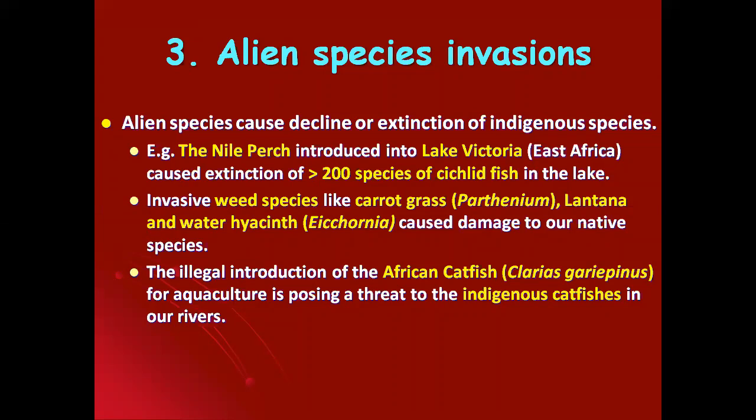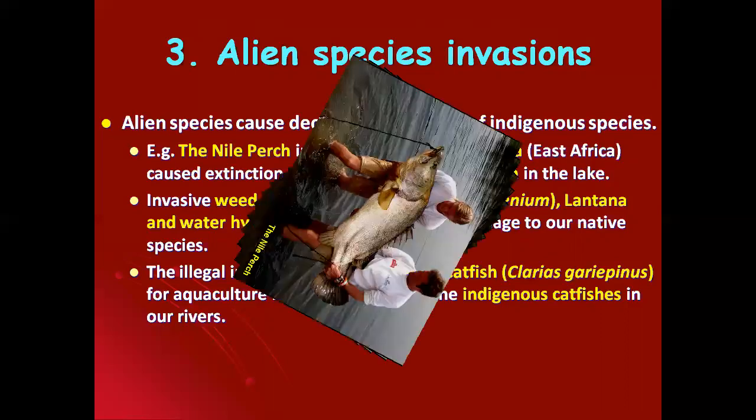Lantana bushes, water hyacinth, Eichhornia, is also one of the best occupied in the canals of projects. You will find Eichhornia is causing more damage to our native species. Illegal introduction of the African catfish, Clarias gariepinus, for aquaculture is posing a threat to the indigenous catfishes in our rivers. These are all examples of alien species invasions.